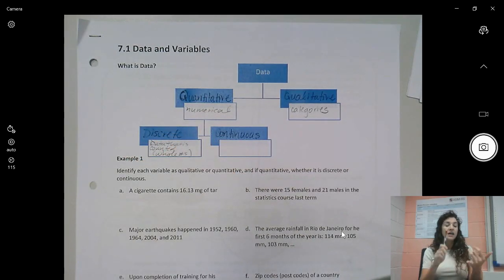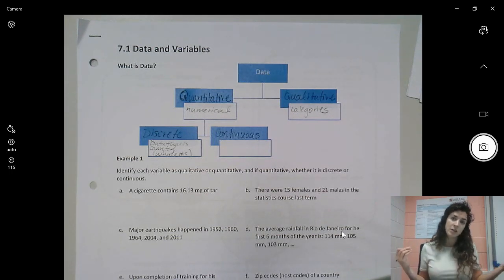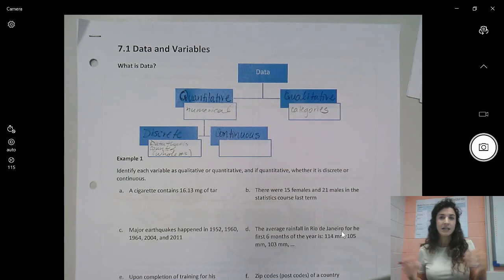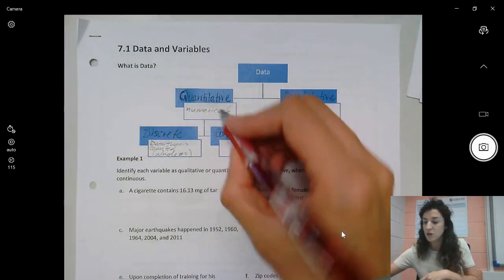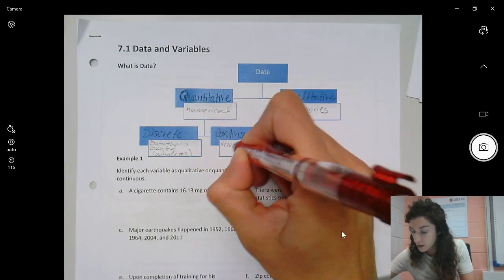If we're counting something, we say there are 12 people who would be under this category, or there are 13 pencils that are red. We don't normally say there are 13 and a half pencils that are red and 13 and a half pencils that are green. So we talk about them as a whole number, and that's discrete. Versus continuous is something that you measure.